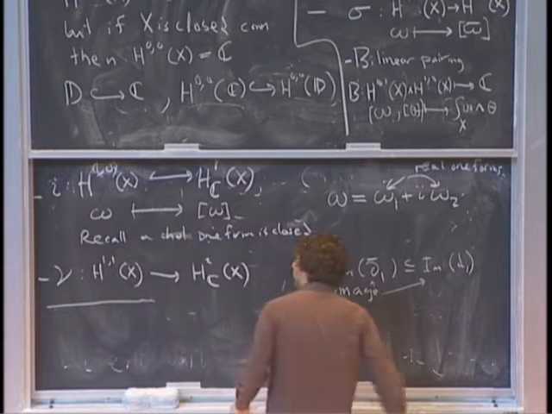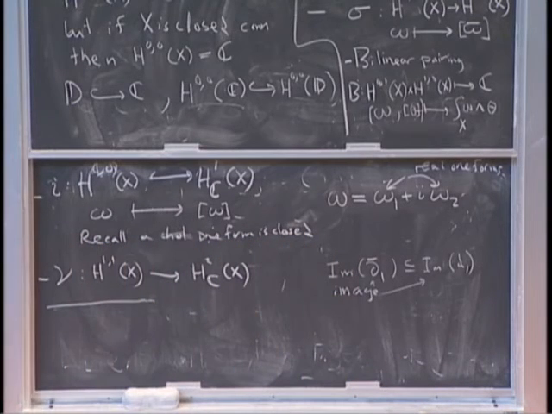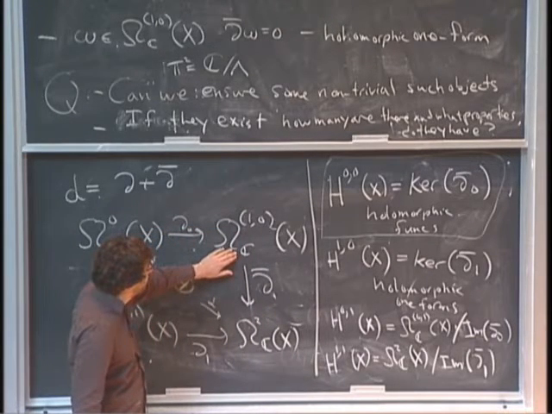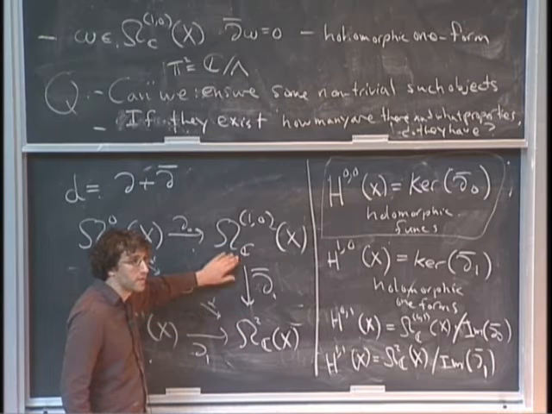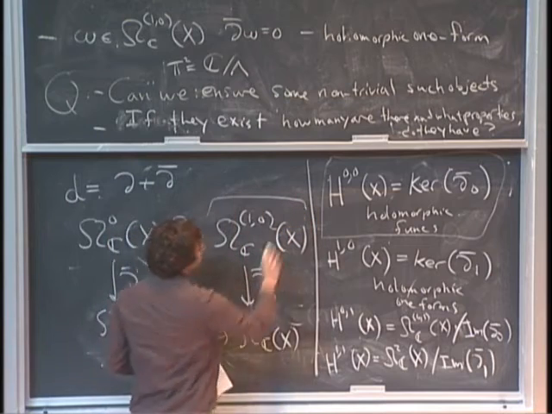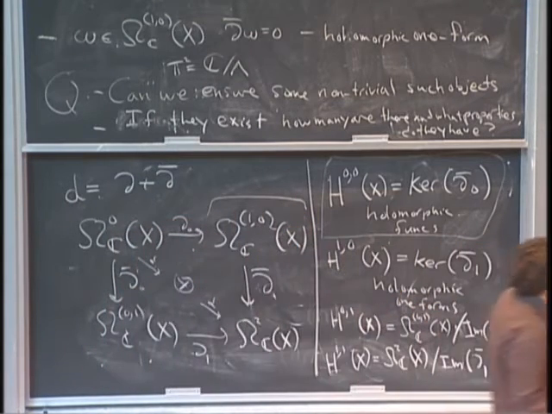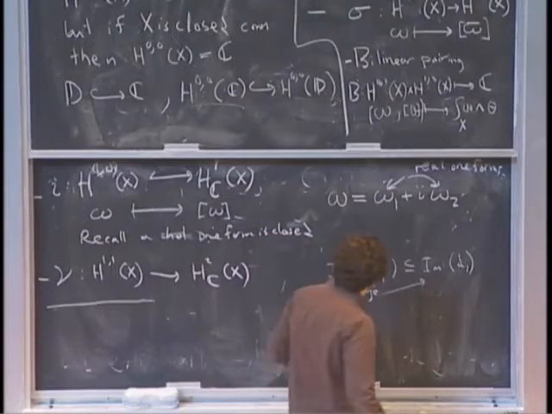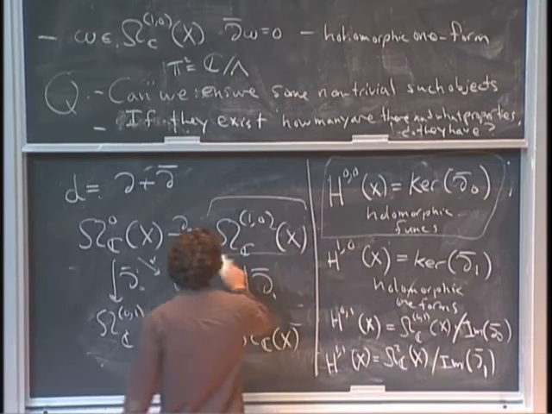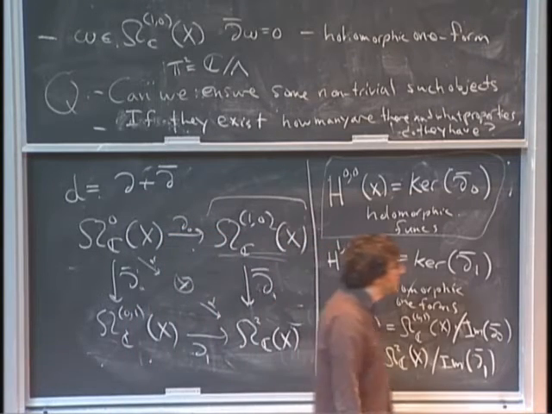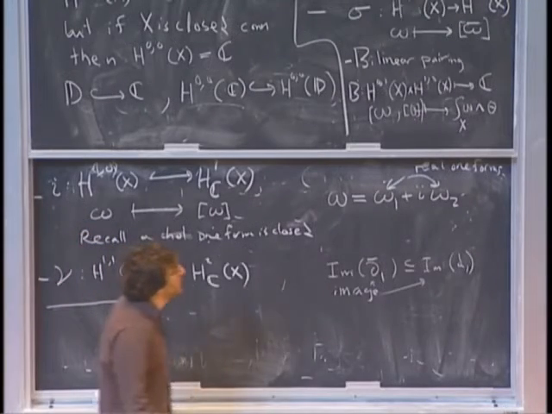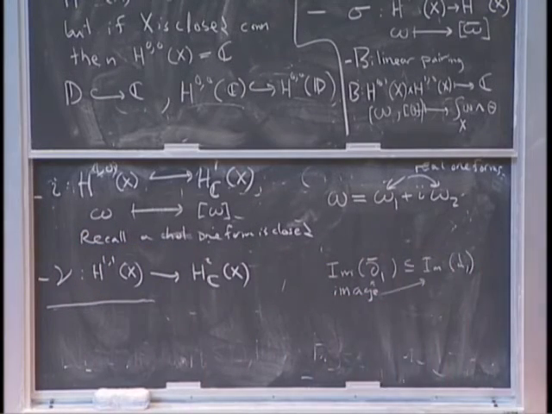The reason I'm getting confused here is, of course, because del bar is mapping from the space of (1,0) forms. So, of course, del itself doesn't do anything. I mean, we have to be careful. You should check this, but it's, of course, using the fact of what space del bar 1 makes sense in.